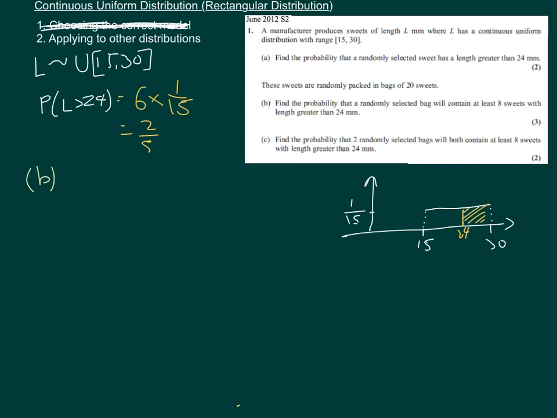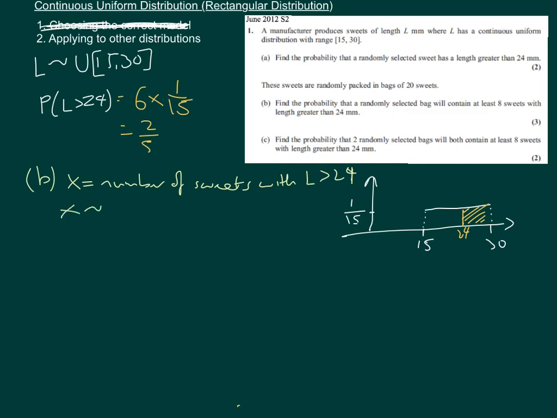So in this case, it looks like it's going to be a binomial. So I'm going to define x as the number of sweets with a length greater than 24.